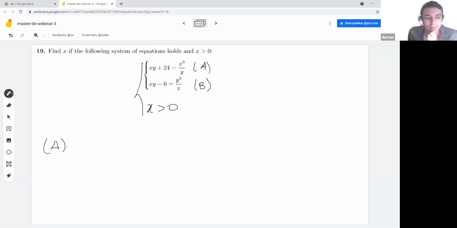So it is a good idea to multiply these two lines, and then you will obtain something like this.